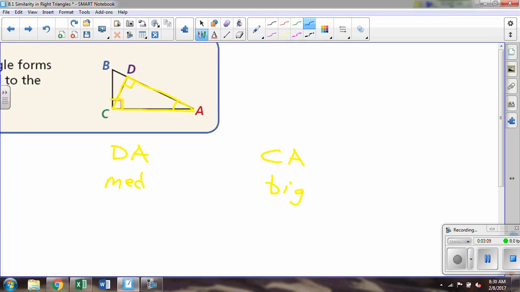Angle similarity tells us those are similar triangles. Of course, last piece then, in the medium-sized triangle, point C was the last one, and point B is the last one in the big triangle. So that's one piece.